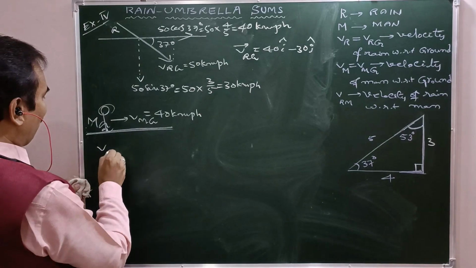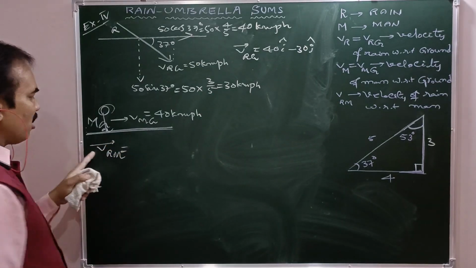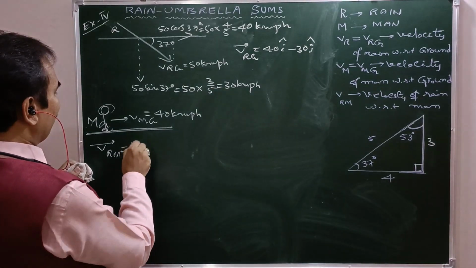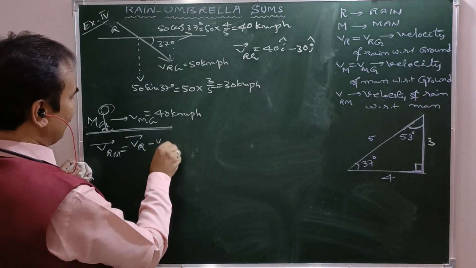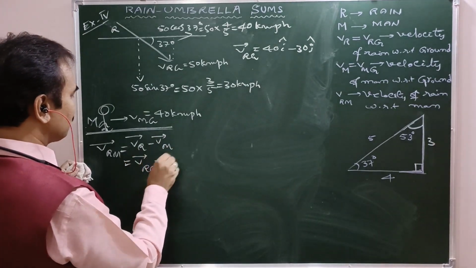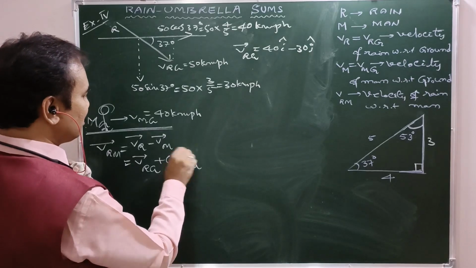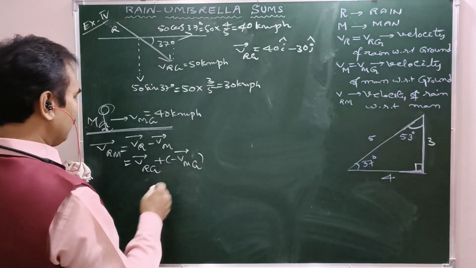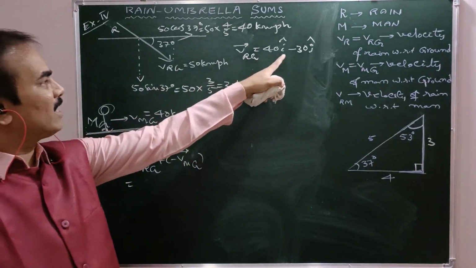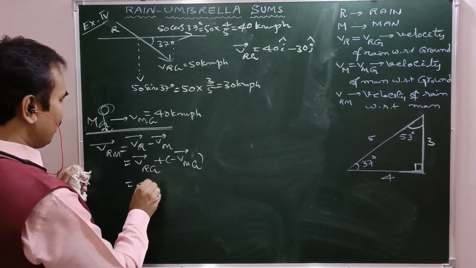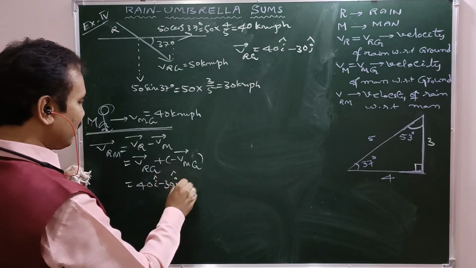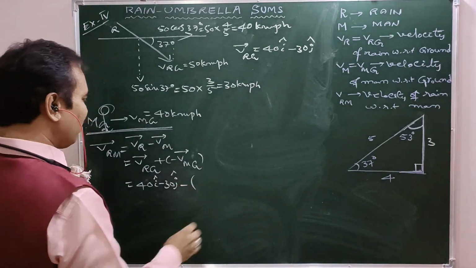So V rm bar is equal to velocity of rain with respect to man. That is VR bar minus Vm bar, which is also equal to VRG bar minus VMG bar. What is VRG? 40i minus 30j, minus VMG.